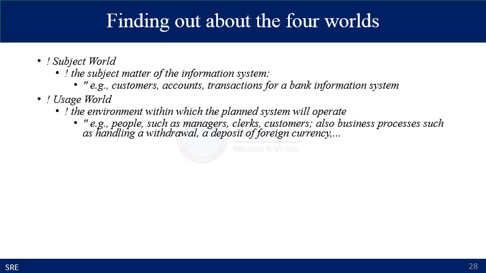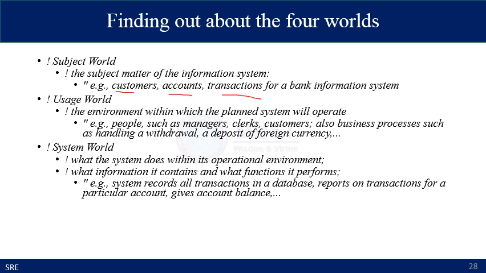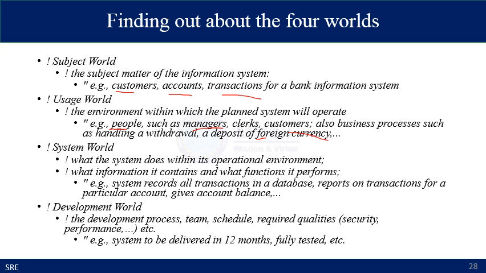So you have to identify, for example, customers, accounts, and transactions of the banking system. Usage world is the environment within which the planned system will operate, such as people, managers, clerks, customers, also business processes such as handling a withdrawal or deposit of foreign currency.